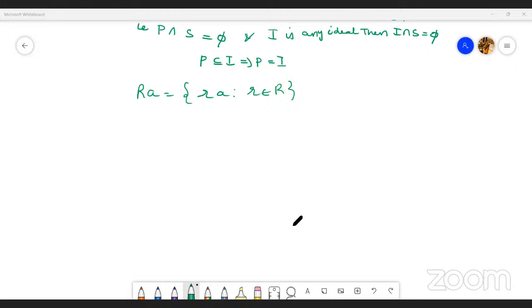Because always XY belongs to S, and if AB belongs to P, this XY is also in P. So S intersection P contains a common element XY, but our assumption is P is disjoint with S. That means S and P have no elements in common. Therefore, A does not belong to P and B does not belong to P implies AB does not belong to P, which proves that P is a prime ideal of R.